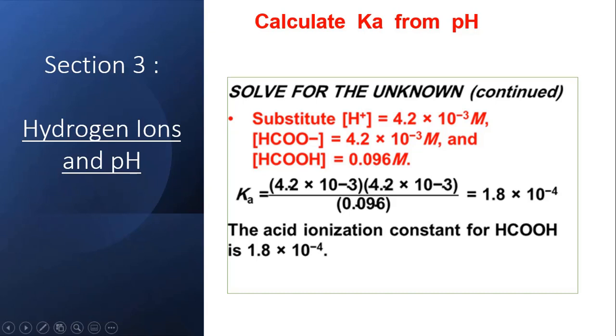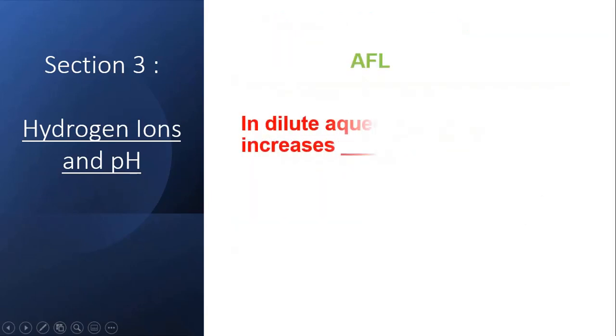So we still have the concentration of the weak acid. Sorry, I cannot say strong. So the concentration of this acid is equal to 0.096. By getting the calculations, you will have Ka equals 1.8 times 10 to the power negative 4. So the acid ionization constant for HCOOH, or this acid, is Ka equal to 1.8 times 10 to the power negative 4.